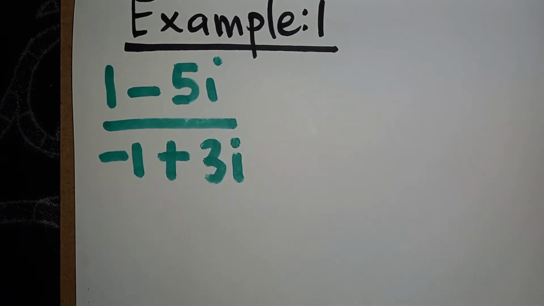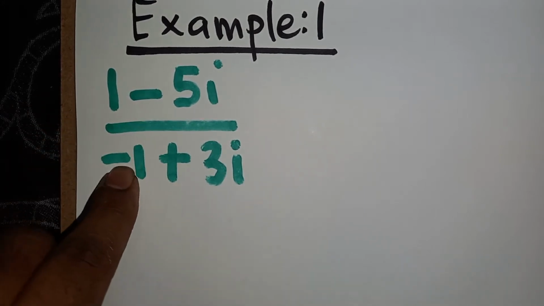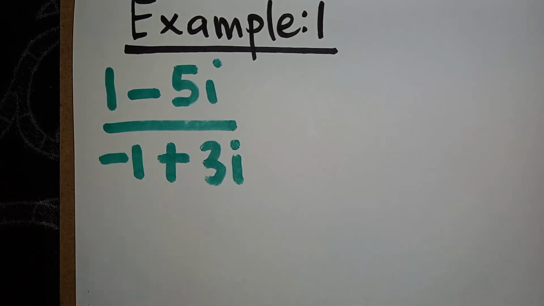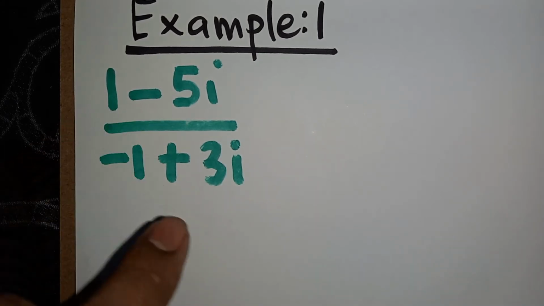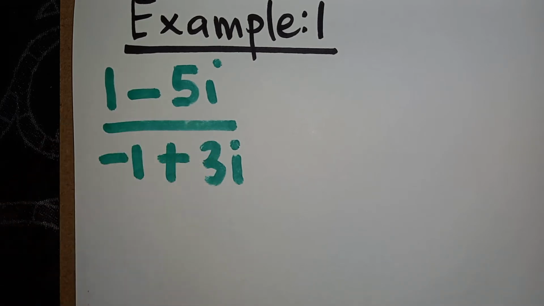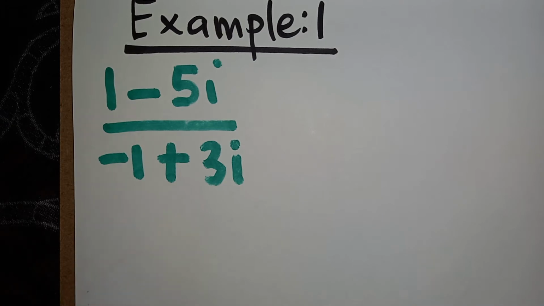Okay, so first one, you can see a complex number, 1 minus 5i and minus 1 plus 3i. Now any complex number will have the form of a plus bi, and both of them have that form. In complex number terms, this is rectangular form, a plus bi.